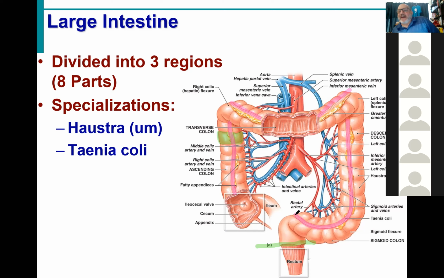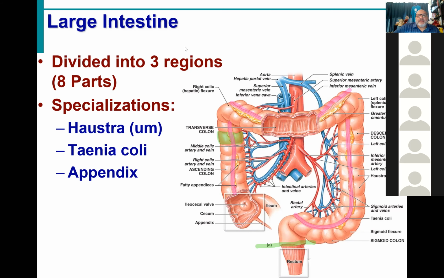Well, in this case, we have bands of the longitudinal muscles that enlarge and help to keep extra tension along the length. And that's where this pouching of the large intestine comes from. And these enlargements of the longitudinal layer are what are known as the tenia coli. So there are several, again, our picture here shows 2, but there's several enlargements of the banding of that longitudinal muscle, keeping excess tension in our large intestine to cause that pouching.